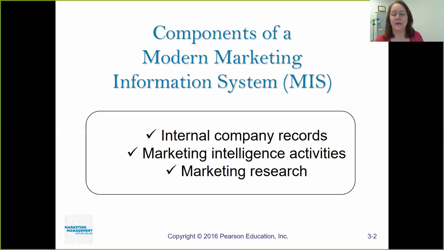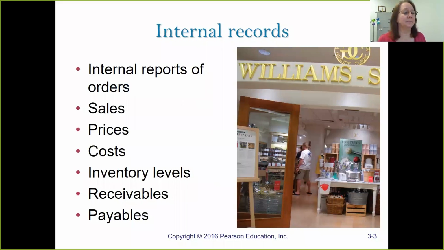And then we have marketing research where we actually intentionally go out and gather new information. It could be from our own customers, it could be from potential customers, it could even be from people who are not interested at all in our products, but they are part of the industry.